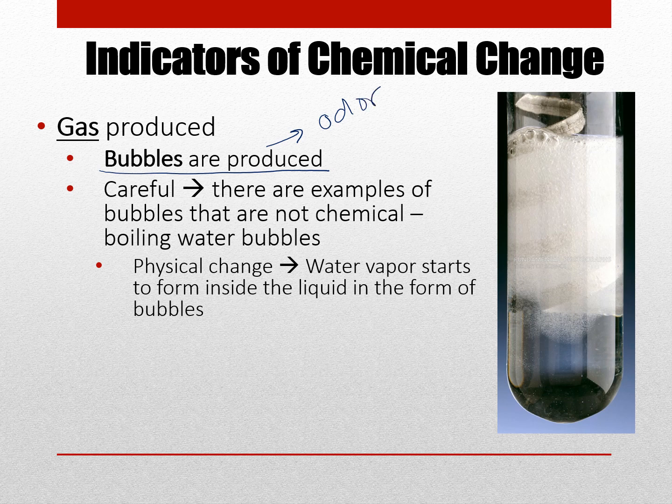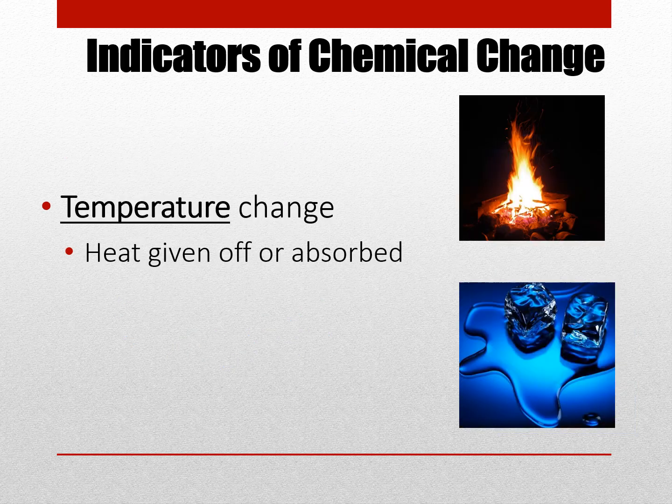Okay, an odor is gas being released also. But make sure that it's not due to you adding heat to it and you're going through a phase change, such as boiling. Okay, so boiling is not an example of a chemical change because you are actually adding the heat, and that is what is causing the bubble production, not the substance doing it on its own.